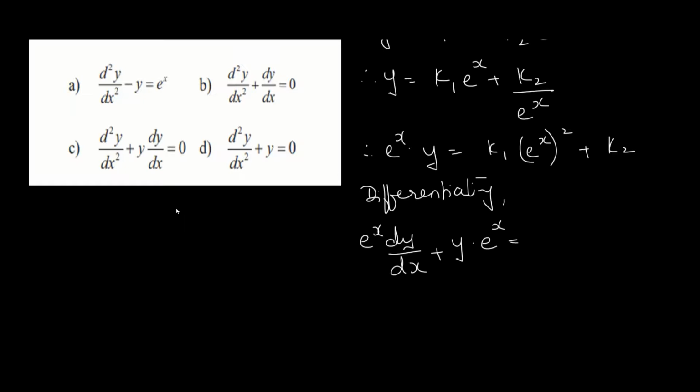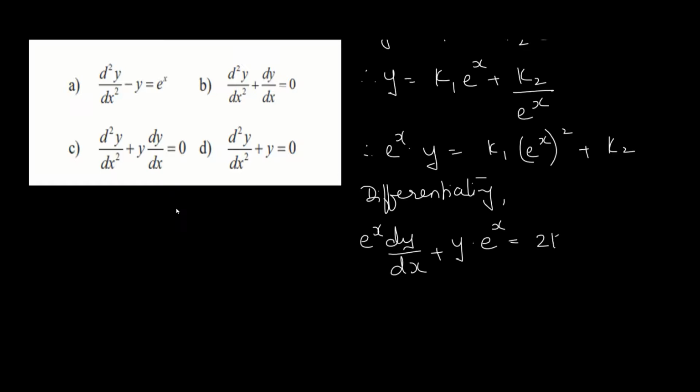Now we differentiate. So differentiating with respect to x on both the sides, we are going to get, on the LHS we use the product rule. So we get e raised to x dy by dx plus y into the derivative of e raised to x, which is e raised to x itself, is equal to, now e raised to x the whole square, the derivative of that is 2 e raised to x.